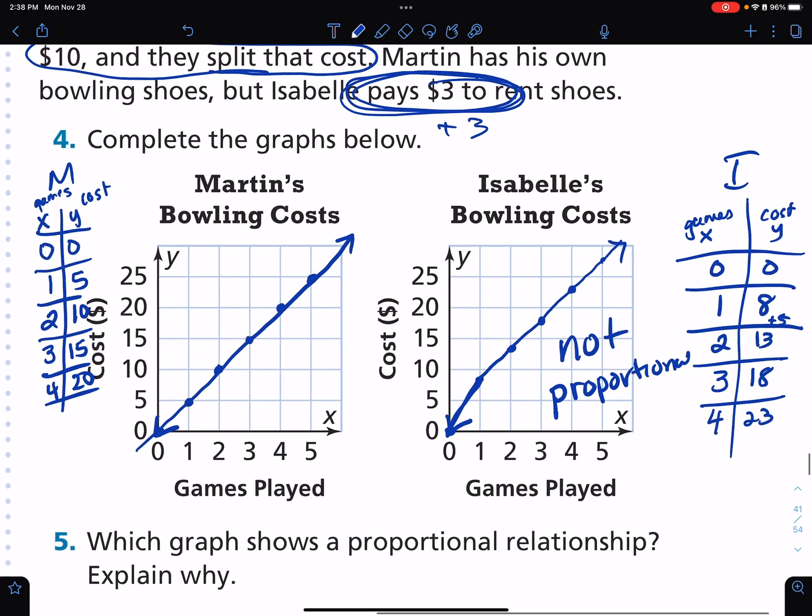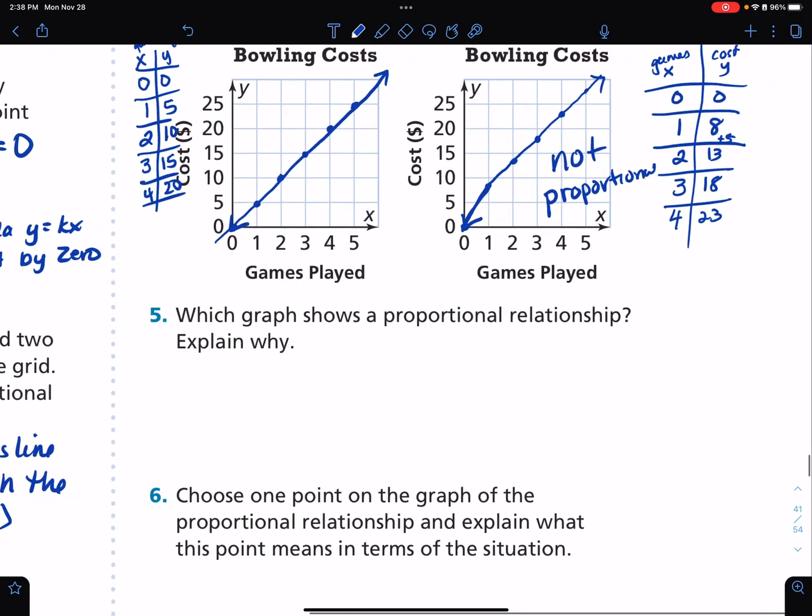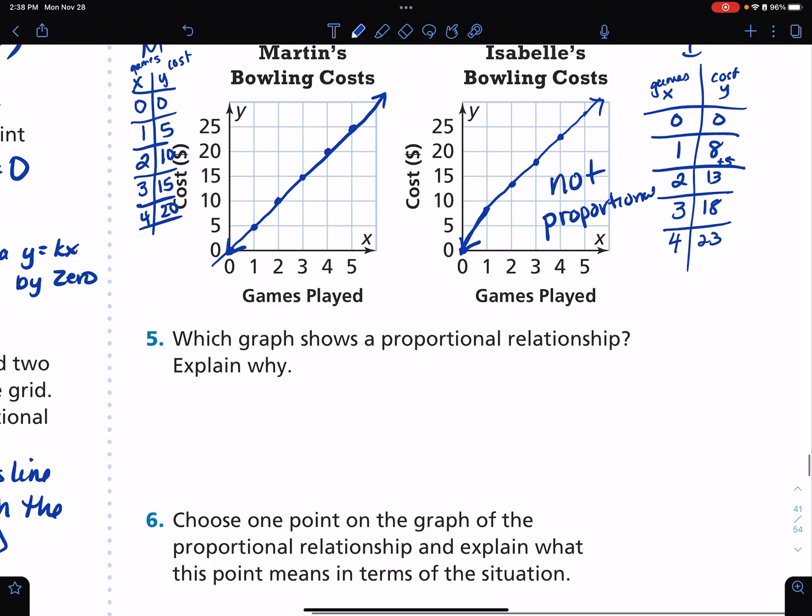And why is it not proportional? Because they're going to ask these questions. And who is the person?